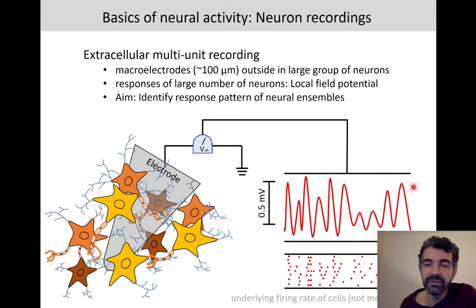But sometimes they're not synchronous, they just fire relatively randomly, and then the sum of the signal is relatively weak because there's not much going on at any given time point. So this can be used to really identify the synchronous firing of a neural ensemble.